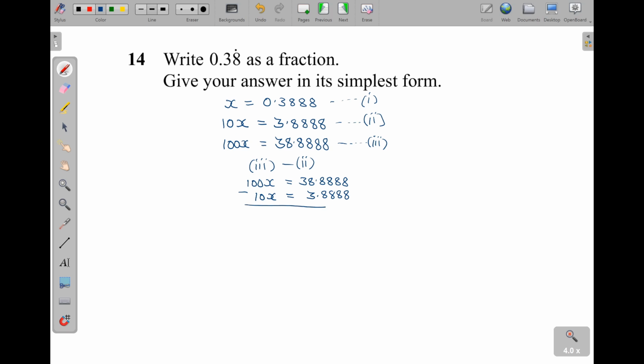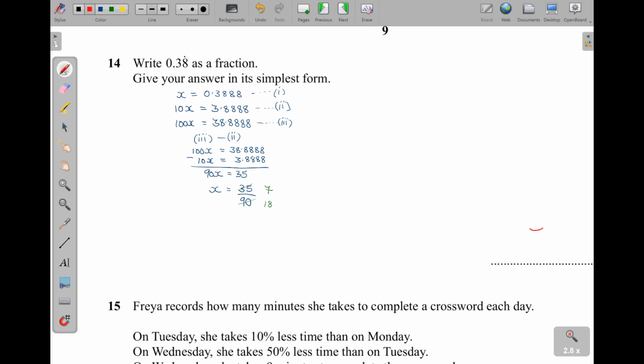Then when we subtract, 100 minus 10 is 90, and 38 minus 3 gives 35. Of course, the recurring part disappears. Then x is going to be 35 out of 90. They said give your answer in the simplest form, so I divide all through by 5. You get 7 here, and by 5 here we get 18. 7 over 18.